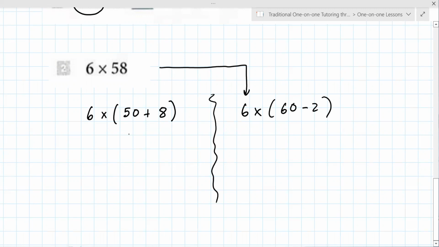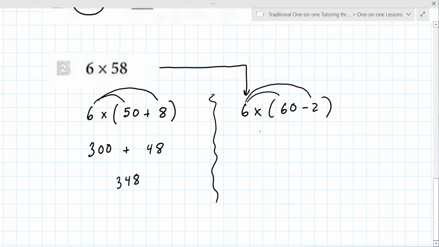All right. And then the next step is to multiply each of these numbers by 6. Yeah, that's what I do: I imagine I'm dealing out cards. So 6 times 5 is 30. Add a 0 is 300. 6 times 8 is 48, and you add them together. Now let me show you this other way. It's the same thing. You distribute this 6 to both.